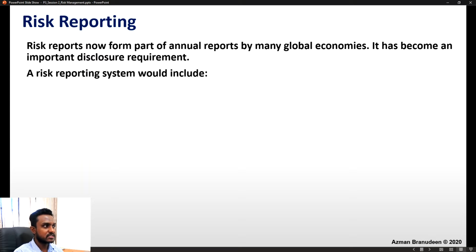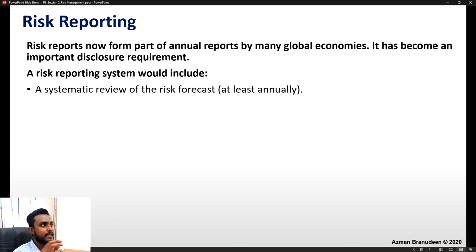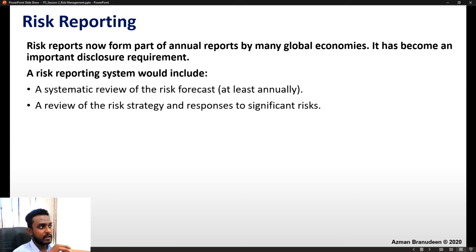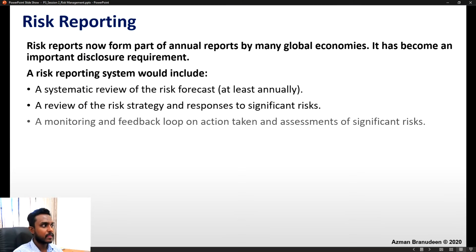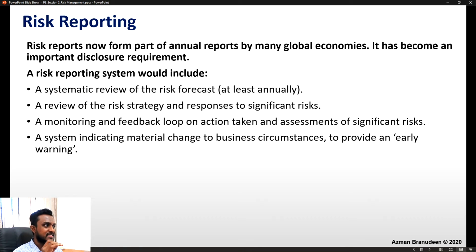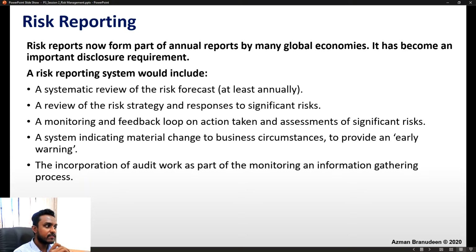A risk reporting system would include a systematic review of the risk forecast, at least annually, a review of the risk strategy and responses to significant risks, a monitoring and feedback loop on action taken and assessments of significant risks, a system indicating material change to business circumstances to provide an early warning signal, and the incorporation of audit work as part of the monitoring and information gathering process.